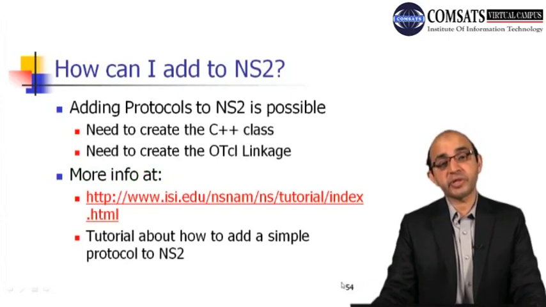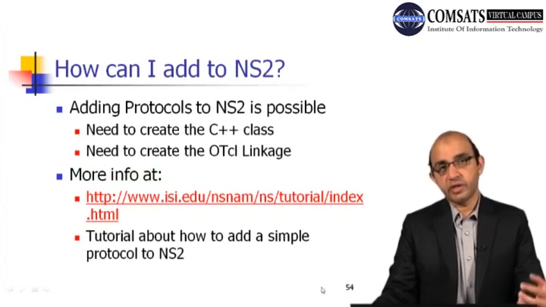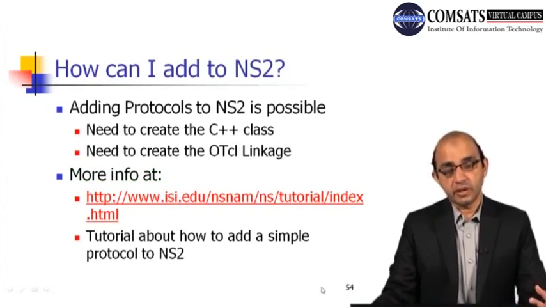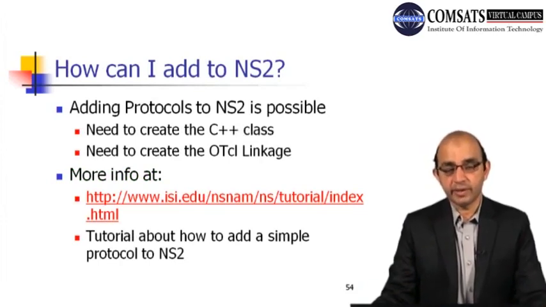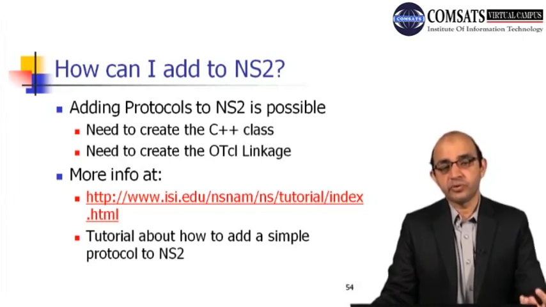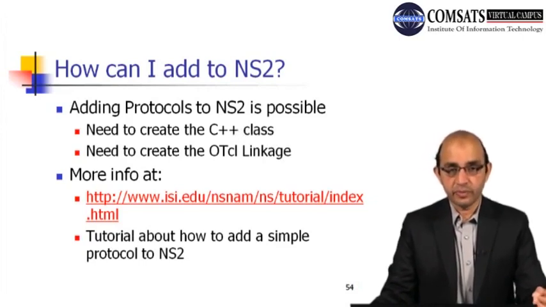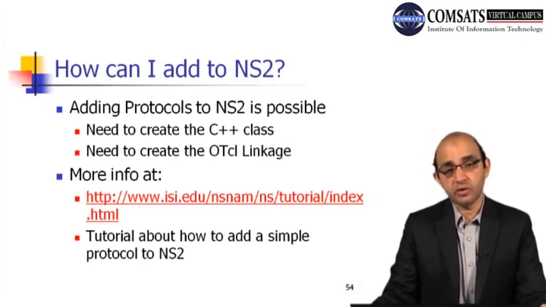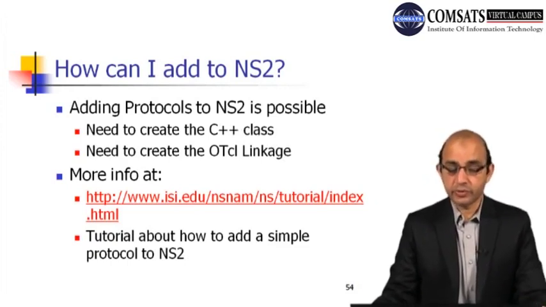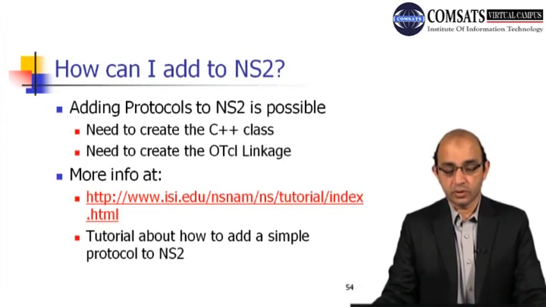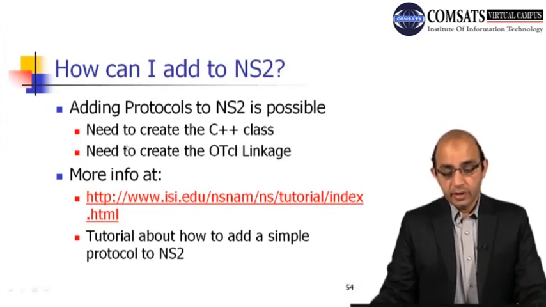How to add your own stuff, when we are interested in adding our own protocol, and you want to add a specific node, or maybe you want to design a router that is performing the routing functionality on the basis of your own algorithm. So you can do that within NS2. So first of all, you need to create the class, right?